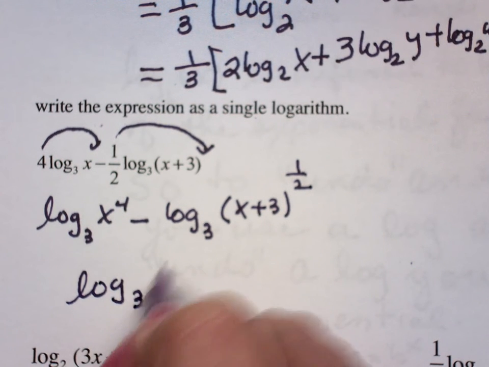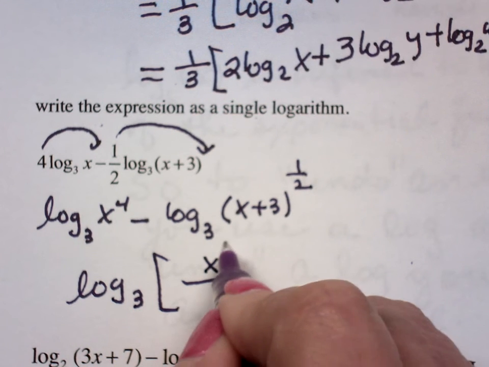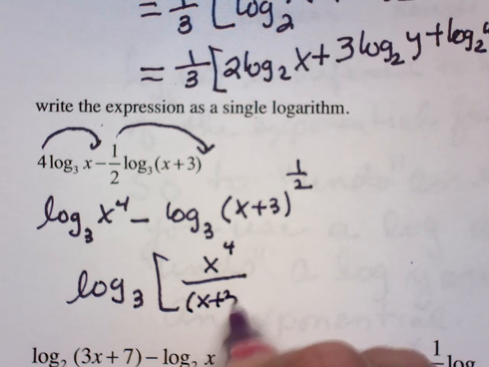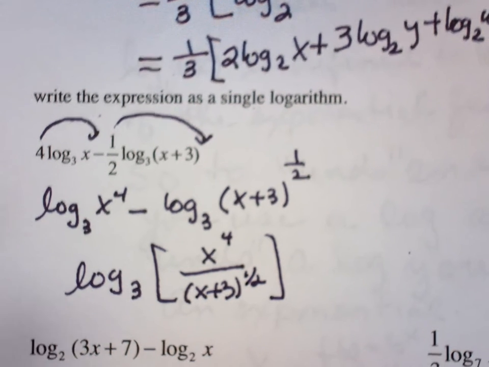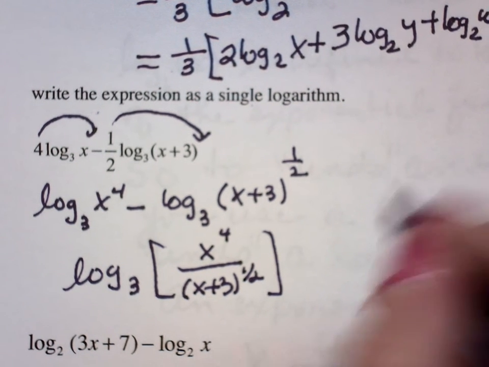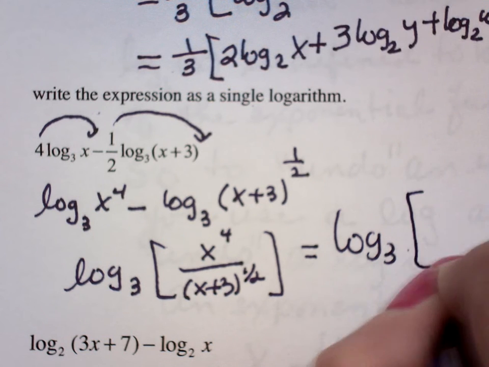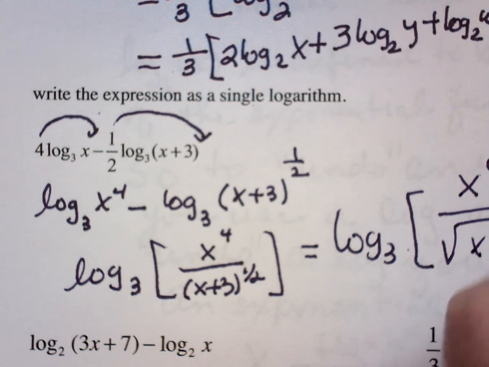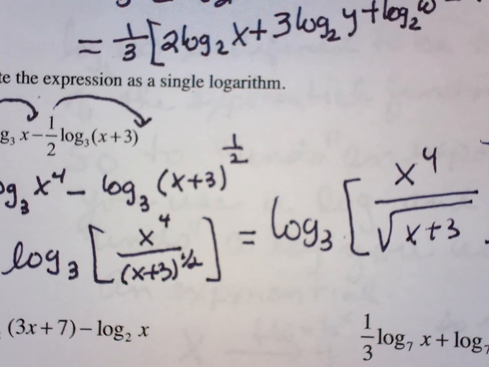Log base 3 of, the numerator is x to the 4th because it's plus. The denominator is x plus 3 to the 1/2. And you can leave it as 1/2 or write it how? Square root, which is what your book will probably do. That's to give you practice on radicals. Either way.